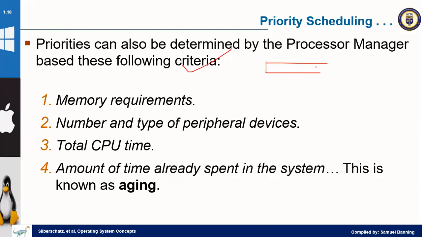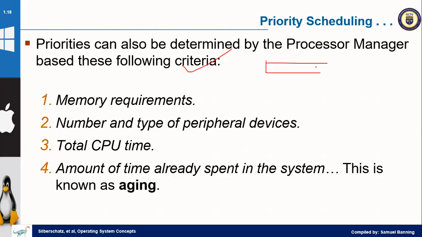There will be a queue for processes that require more peripheral devices. This one wants to access the keyboard, the mouse, the USB, the Bluetooth, the camera. So a lot of peripheral devices are going to be used by this process. So let's give it a higher priority or a lower priority, depending on the designer of the operating system.